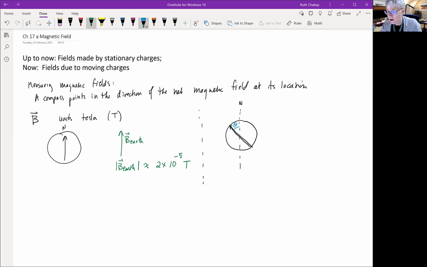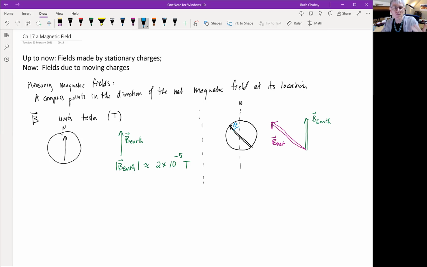And why is it doing that? Well, this is just adding vectors. What's happened is we've got the magnetic field of the Earth, and the compass is pointing in the direction of the net magnetic field at its location. So B net is the direction the compass is pointing.